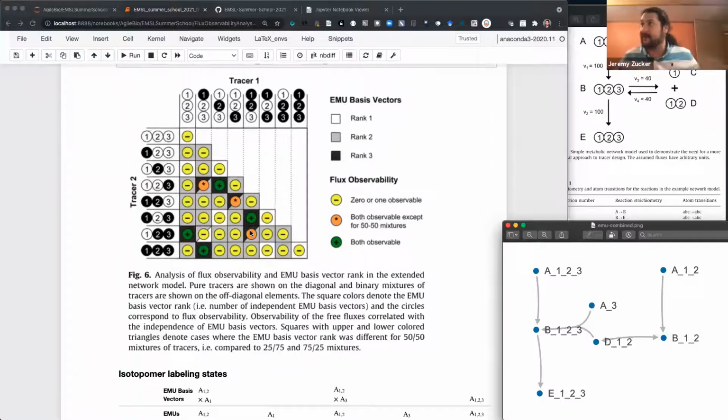You set up the experimental conditions exactly the way you would for a labeled experiment, but you just don't include the carbon label, and you see which metabolites are observable. Those are the metabolites you'll be able to get an MID for. Given knowledge of which metabolites you can get an MID for, you can then determine which fluxes you can actually observe.